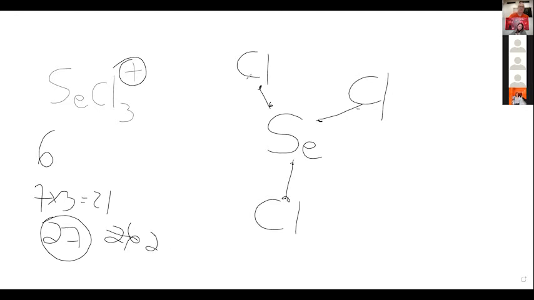So I've got 20 left, and I decorate the outside with my 20. 1, 2, 3, 4, 5, 6, 7, 8, 9, 10, 11, 12, 13, 14, 15, 16, 17, 18. So I have 2 left.